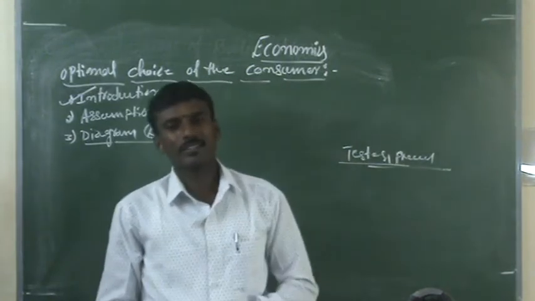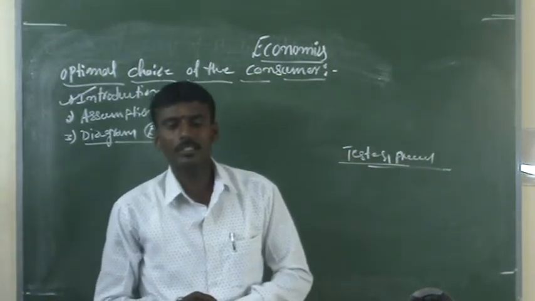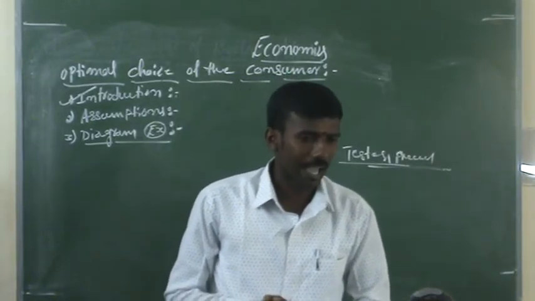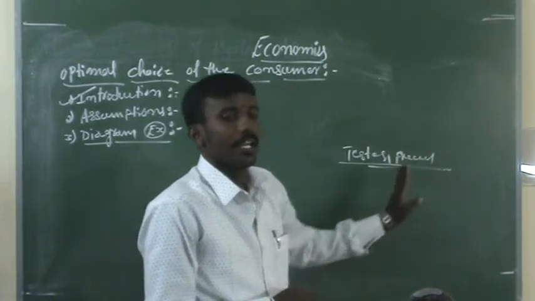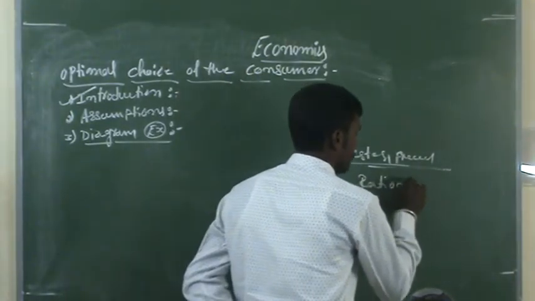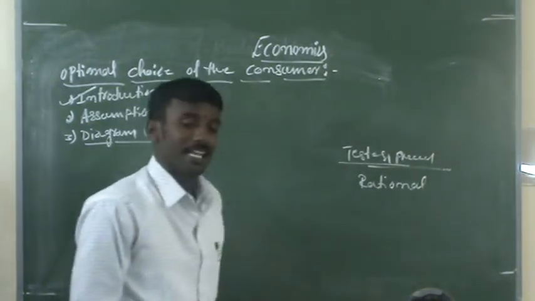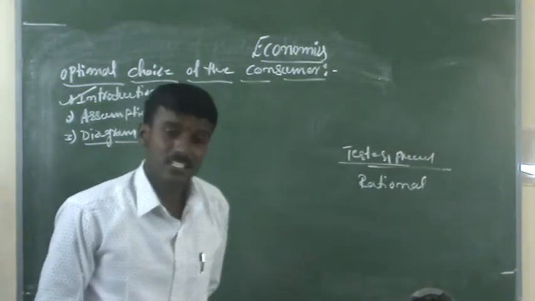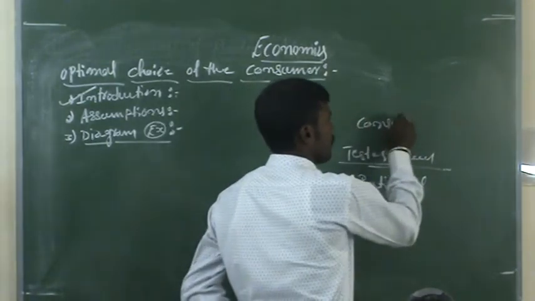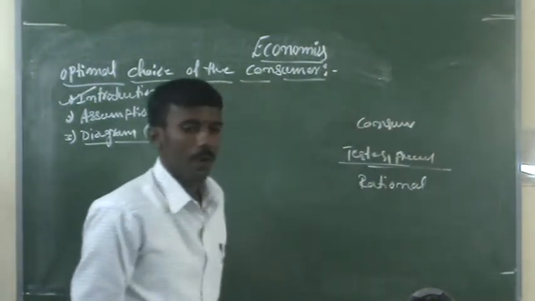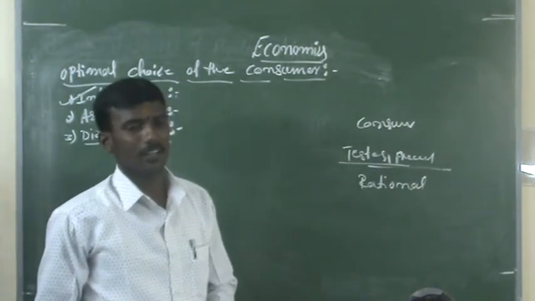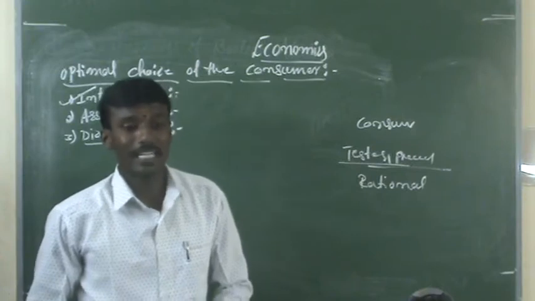See students, once again I repeat, now here in general we assume that in the society or the economy a consumer is a rational individual or rational person. ಇಲ್ಲಿ ನಾವು ಏನು ಕನ್ಸ್ಯೂಮರ್ ಅಂತ ಕರೀತಾ ಇದೀವಿ, ಆ ಕನ್ಸ್ಯೂಮರ್ ಅಂತಕ್ಕಂಥವನು ಒಬ್ಬ ವಿಚಾರವಂತನಾಗಿರ್ತಾನೆ, rational person ಆಗಿರ್ತಾನೆ, that means rational individual.